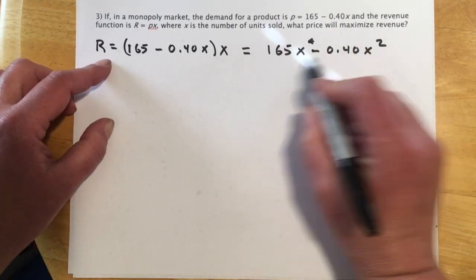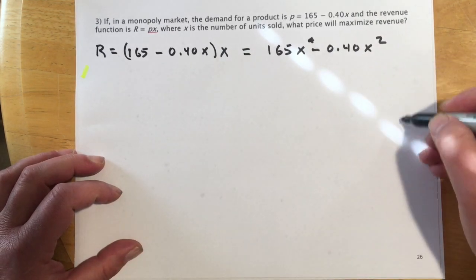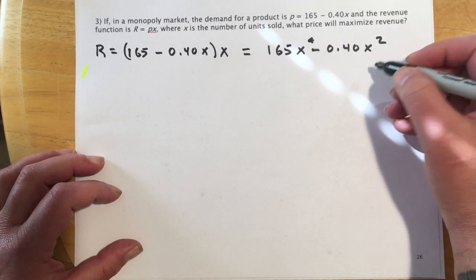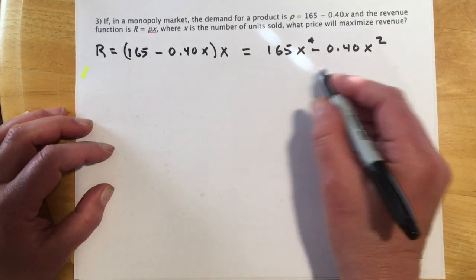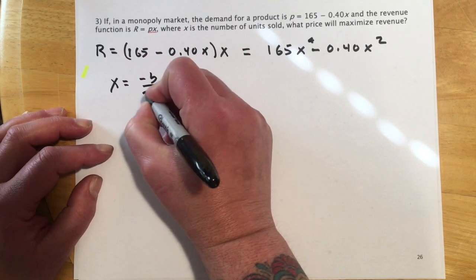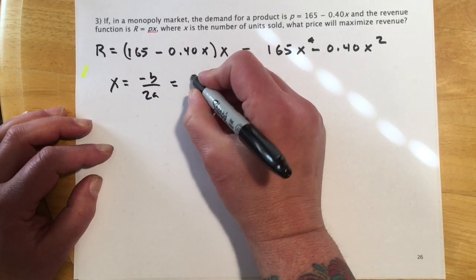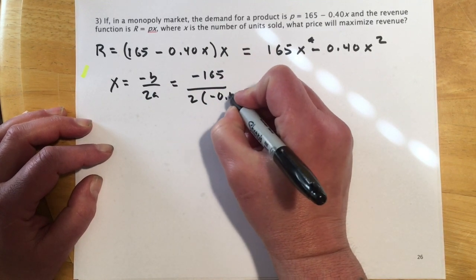So this is our revenue function. And it's quadratic and negative, that means it's opening down. So the vertex again is going to be where revenue is maximized. So if we do our x equals negative b over 2a, that's going to be negative 165 over 2 times negative 0.4.